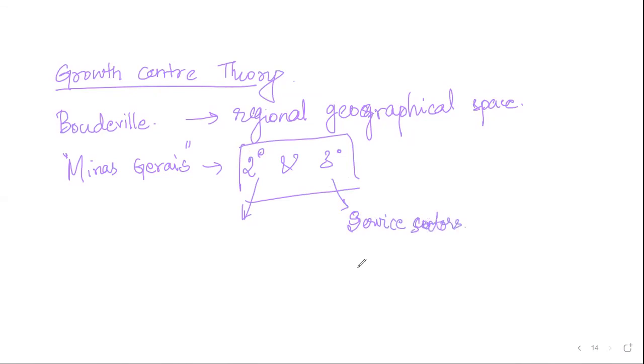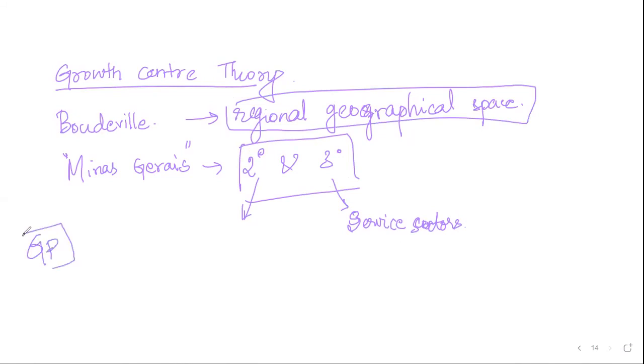So if I'm talking about an Anganwadi that is present in a particular region, and here very important, the region can be at any level. This regional geographical space can be at any level. Growth pole theory is more on a national level basis. Here the region can be of any level.